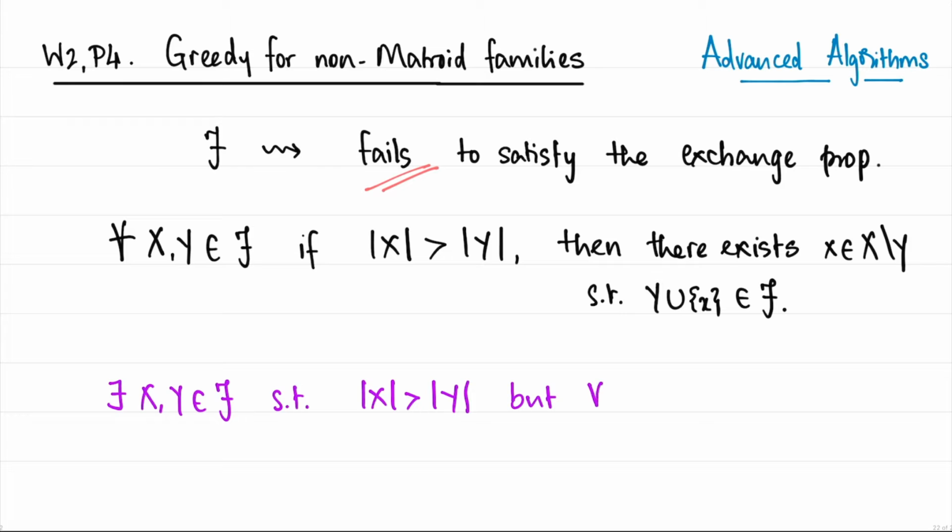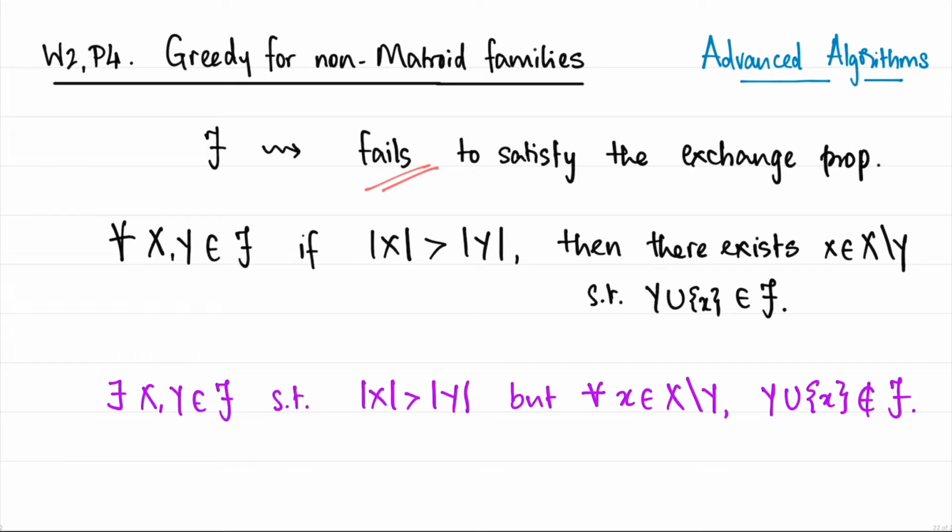So, for every choice of x in X minus Y, the set Y union x is not in the family F. Please feel free to pause the video here and stare at this for a minute to convince yourself that this is indeed the negation of the exchange property.